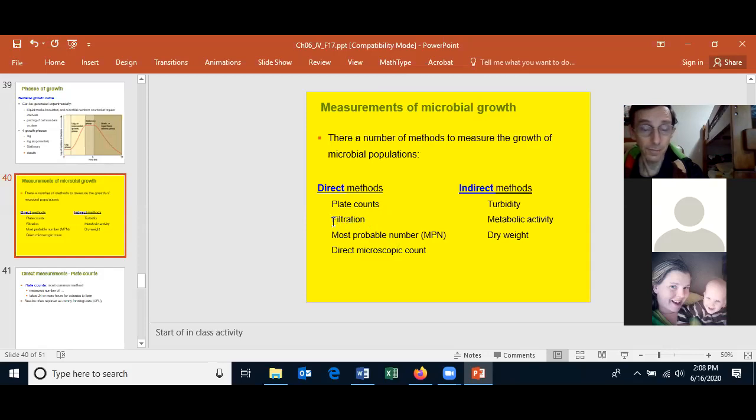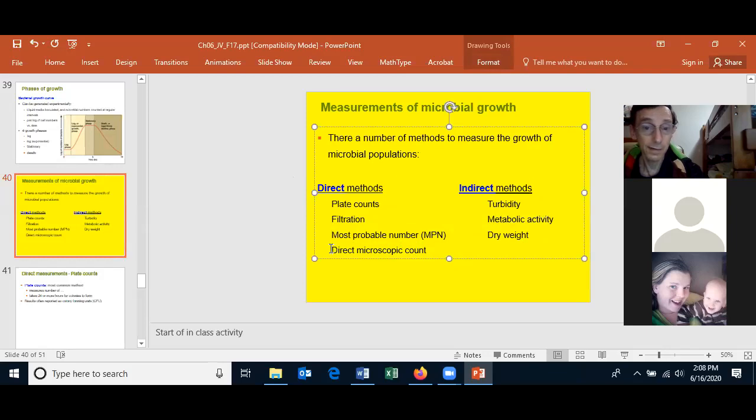You can filter a gallon of cells, and then you're left with just the cells stuck on the filter, and then you put the filter on the media, and you allow it to grow, and then you count it. There's the most probable number, and that is the one way I've actually never done a count. All the other ways I've done a count. Anyways, the most probable number is a direct method of counting cells.